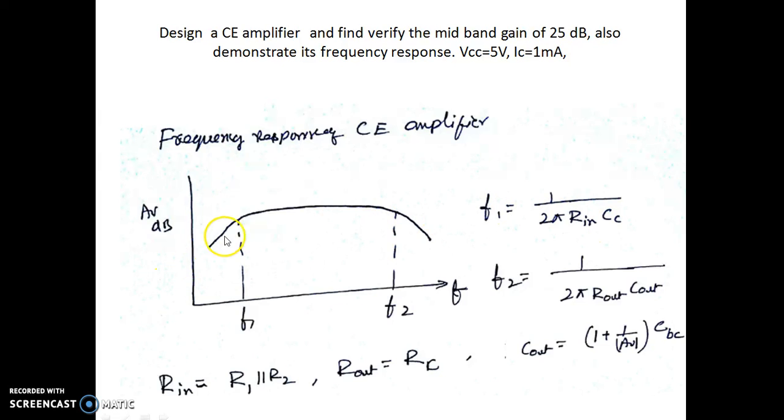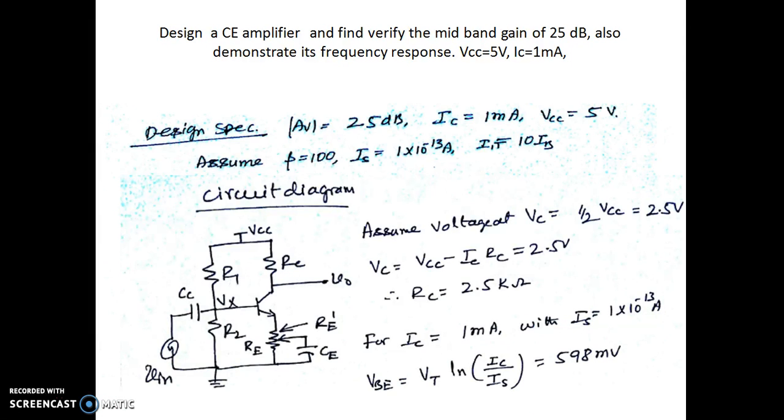We know that this increase is due to Rin and Cc. So we can find out F1, which is 3 dB down from the maximum point, and similarly we can find F2, which is 1 over 2 pi R out into C out. In this case, R out is RC, and C out is the base to collector capacitance. So this is the Miller capacitance of this capacitance.